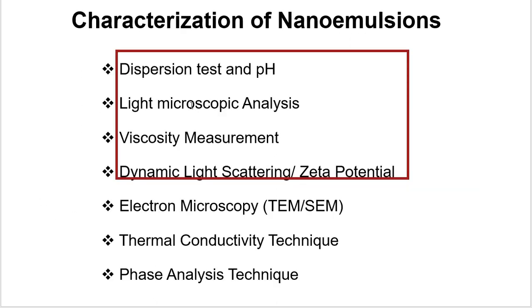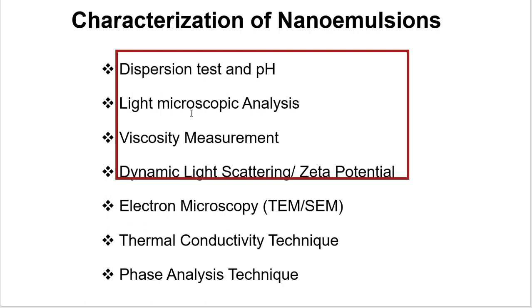After preparing the nanoemulsion, we can use different ways of characterization. Generally, to check the properties of the nanoemulsion, we can check the dispersion type, how it is dispersing, and we can also easily check pH, and observe it under light microscopy.